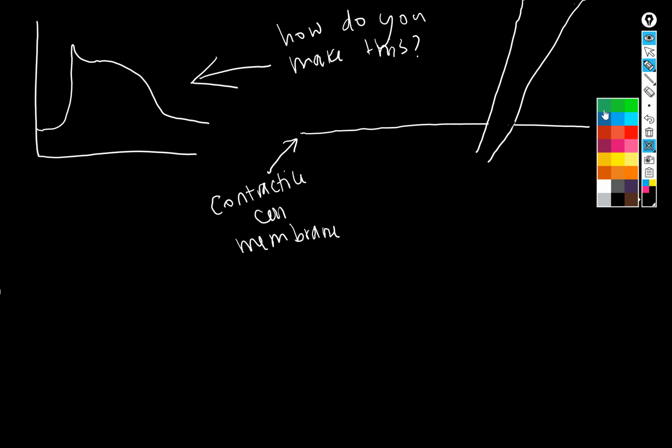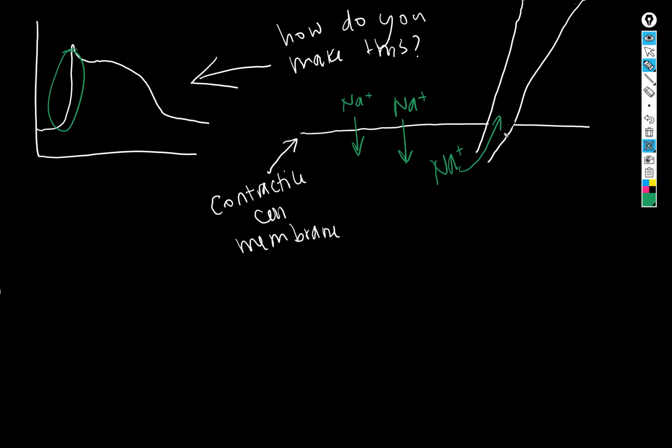So during this part of the curve, when sodium is going in to the contractile cell membrane, the sodium that is going in is also going into the electrode, and that's causing the electrode to detect an increase in positive charge. And so the electrode is attached to a measurement device and a computer, and the electrode draws this part of the curve.